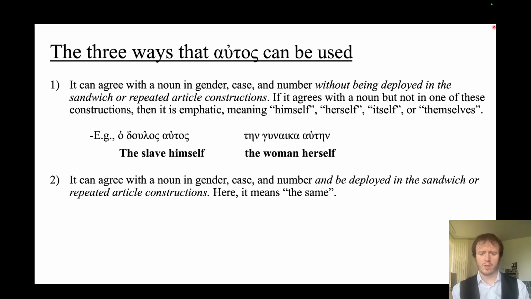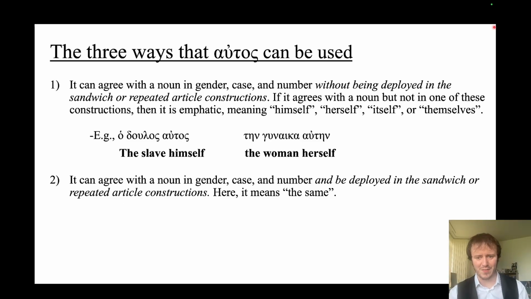αὐτος can agree with a noun in gender, case, and number and be deployed in the sandwich or repeated article constructions. Here, it means the same. So if αὐτος is agreeing with a noun in gender, case, and number, and it's being deployed in the sandwich or repeated article constructions, then it means the same.